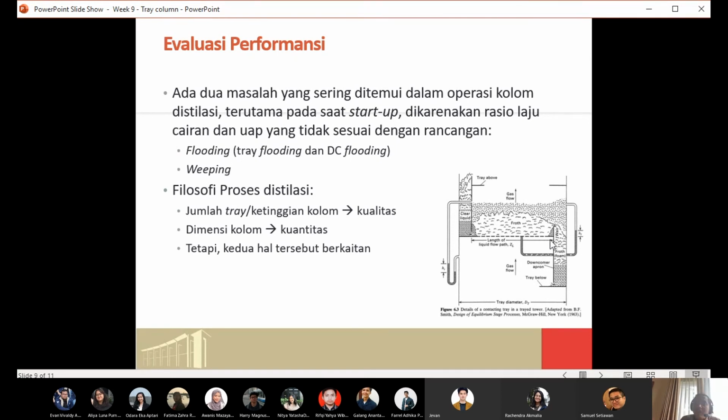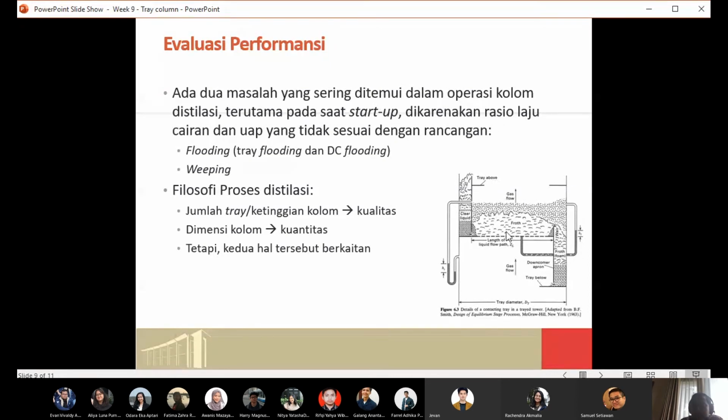In the case of flooding, the liquid level above the tray is higher than the weir. So there will be a lot of liquid above the tray.